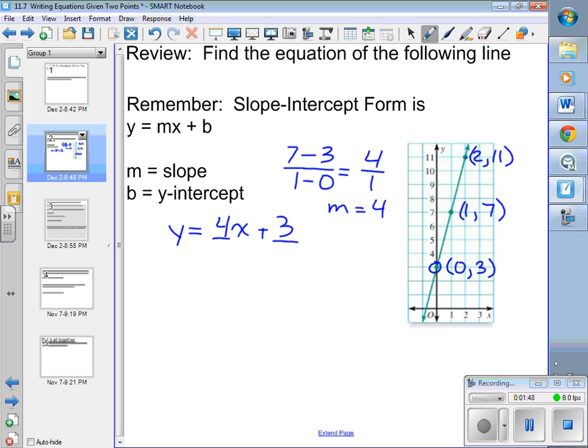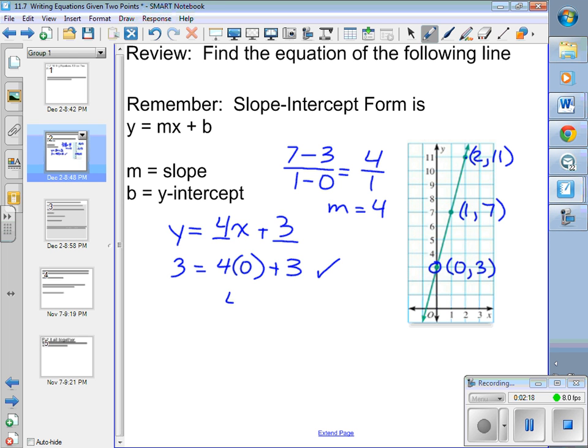Now, we can check all 3 of these points just to be sure that the equation is accurate. We have the point 0, 3, so y equal to 4 times 0 plus 3. That one checks if you work that out. 4 times 0 is 0. 3 equals 3. The next point, we have 1, 7.